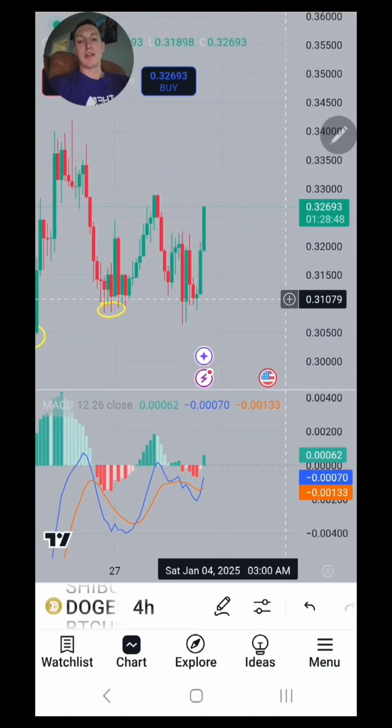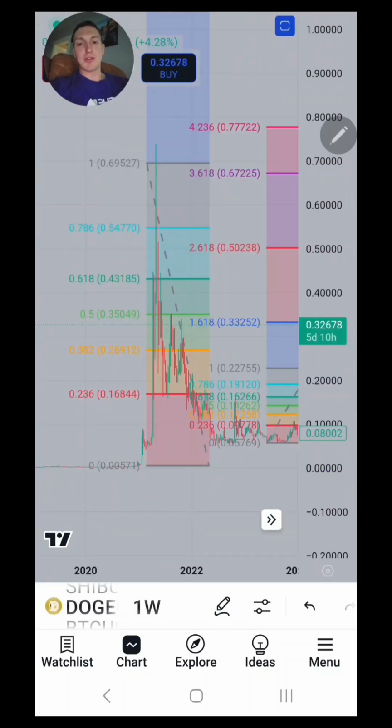So just be ready. Now, looking at the Fibonacci retracement levels, the next level to break above and hold as support is the 0.5 retracement level at 35 cents. It's less than 3 cents away, and I think that will be the next test.